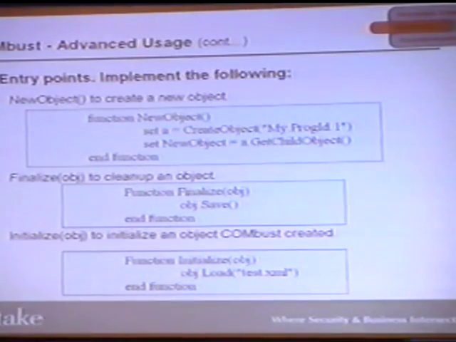Therefore, you go through that trick, implement the function called new object in your scripting file, and instantiate the main object, in that case, my prog ID 1, and then use its helper function to retrieve the child object, in that case, a.getChildObject, and then return that as a result of that new object function call. Does that make sense? I've lost most of you. Okay, I'll just pretend it's fine.